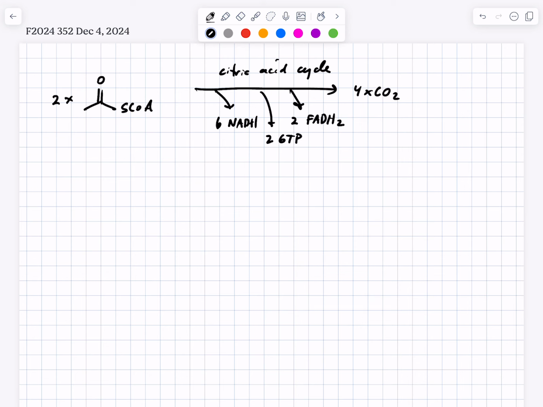And you'll see later on that we can exchange GTP easily for ATP, that at the rate of about 1.5 ATP per molecule of FADH2, we can get something like 3 molecules of ATP out of FADH2.